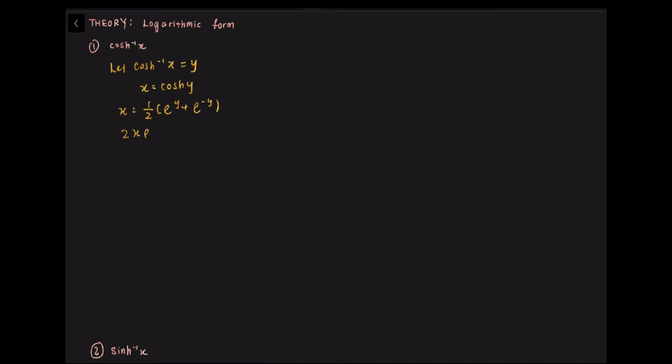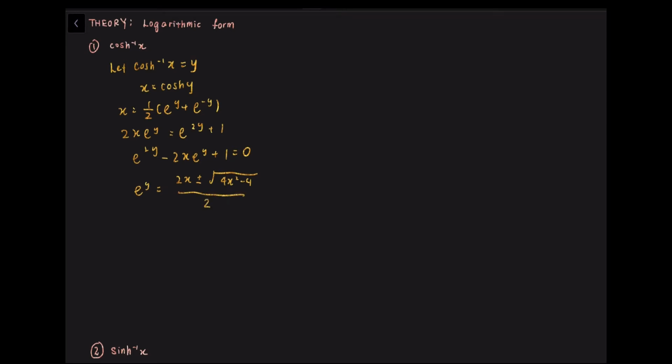Multiplying throughout by 2 e to the y, we obtain 2x e to the y equals e to the 2y plus 1. And rearranging it, we have a quadratic equation. And we solve it, so e to the y equals 2x plus or minus square root 4x squared minus 4 over 2.